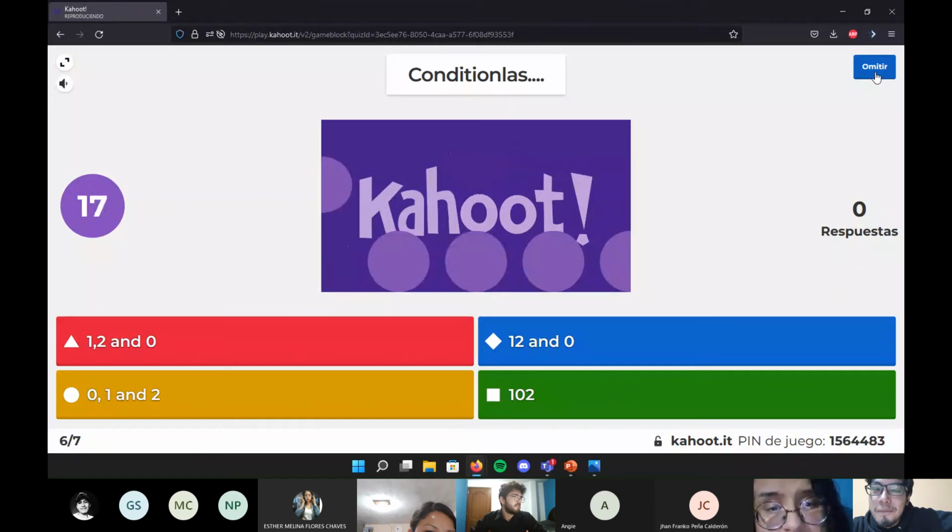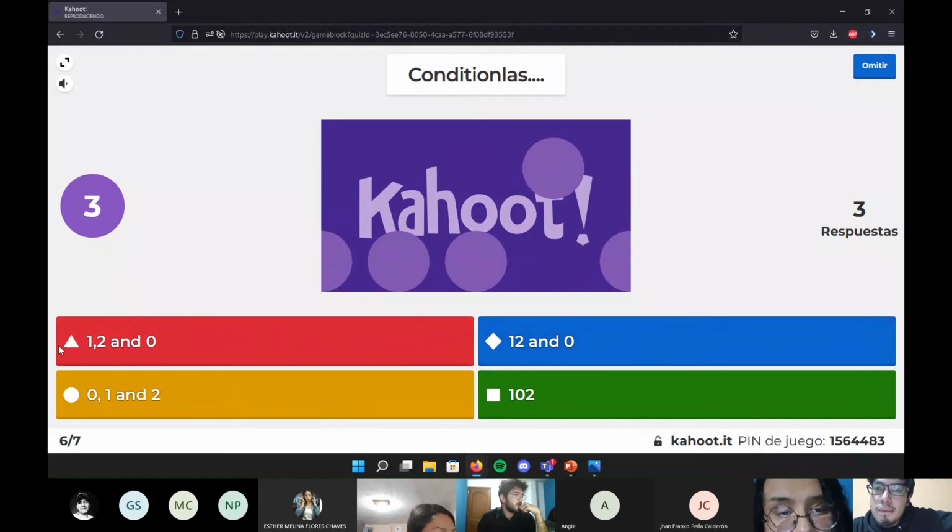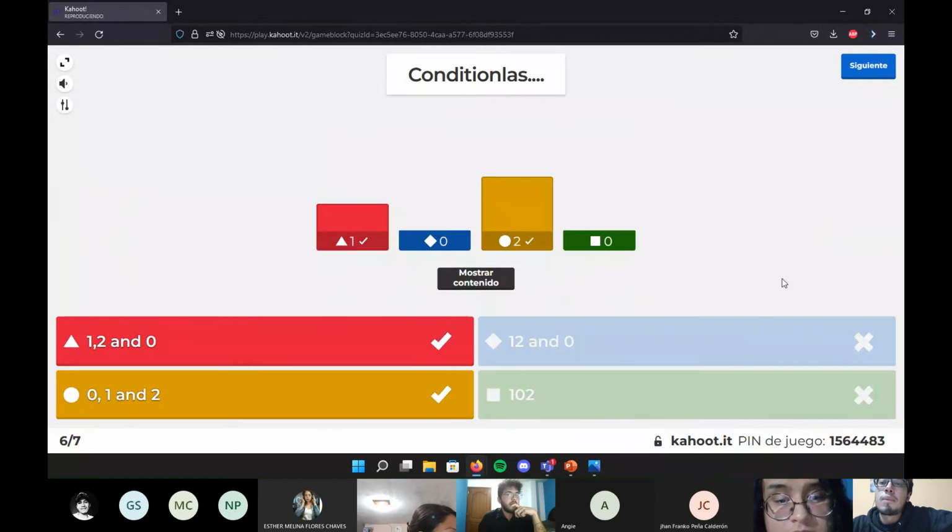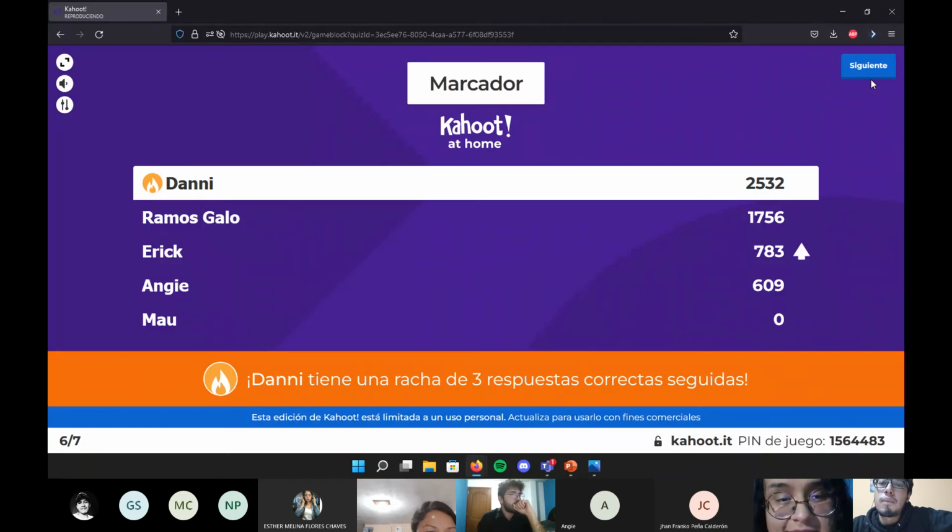Okay, conditionals. Which of those are the conditionals? First, second, and zero conditional, or 1, 2, and 0. Okay, both are correct, okay? The two sentences. Okay, Danny is in first place.